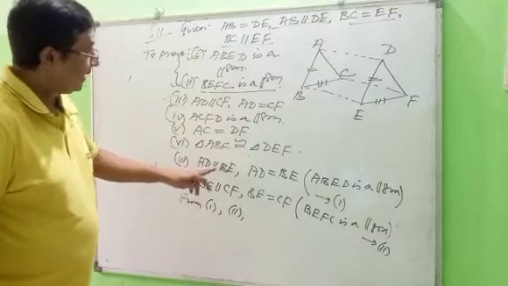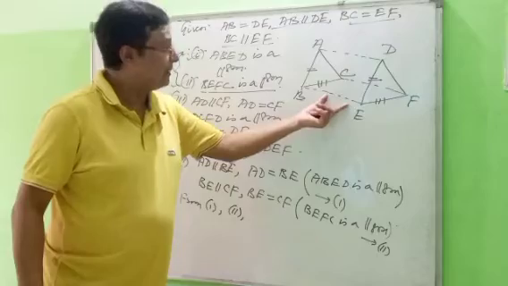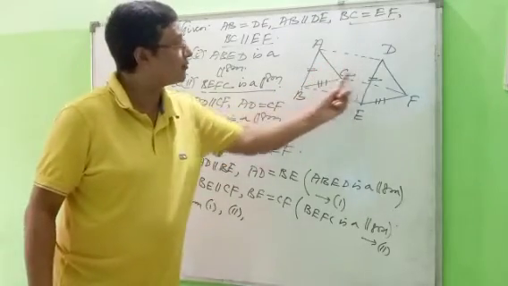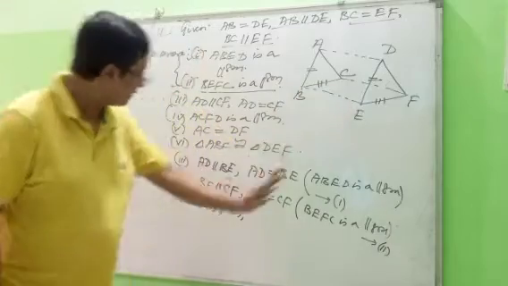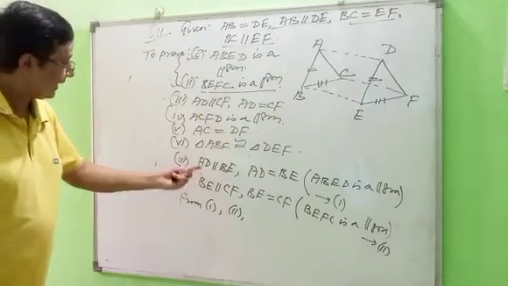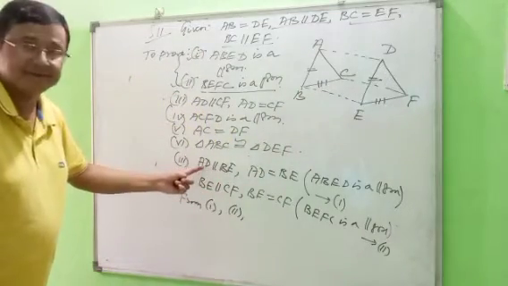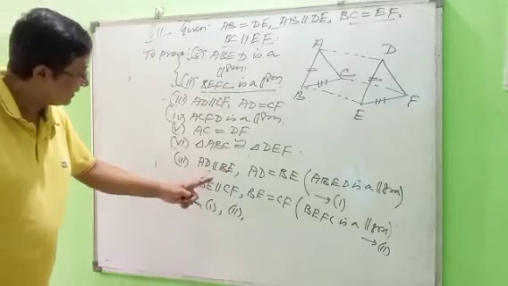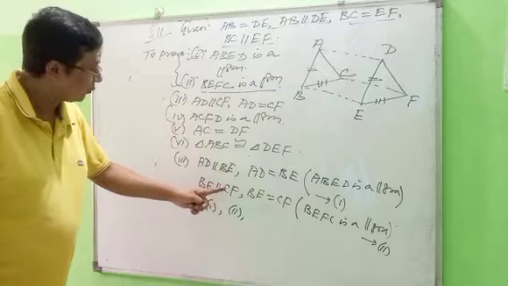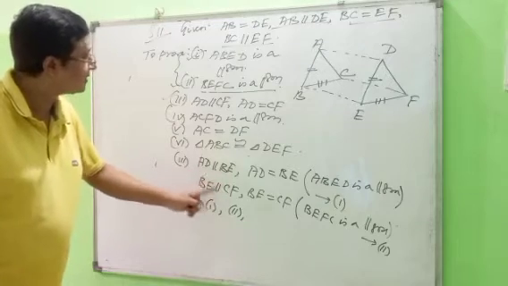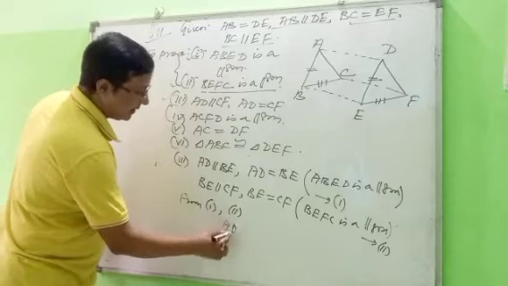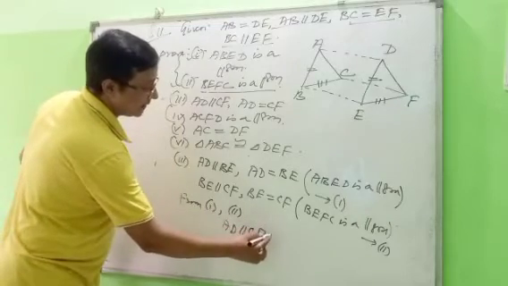That means all these three lines are parallel, which means that AD is parallel to CF. Because here BE is parallel to AD, BE is parallel to CF, which means AD is parallel to CF. So you will get AD is parallel to CF.